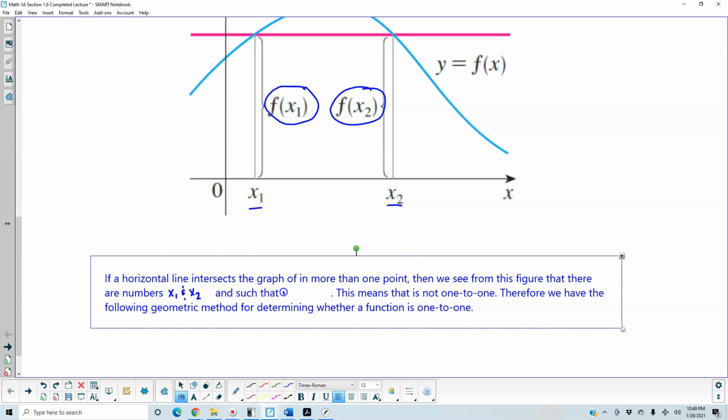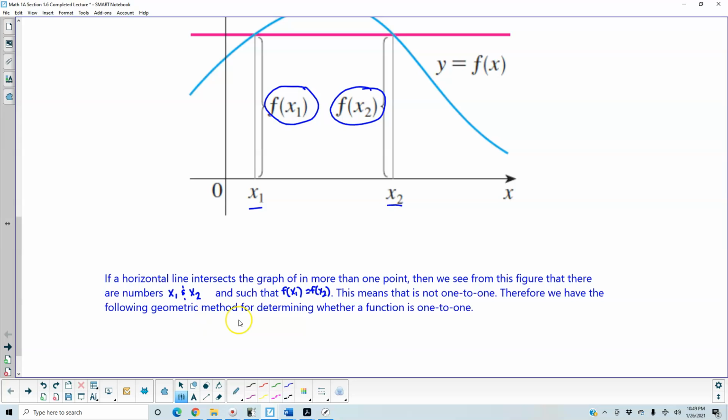So if they are equal to each other, then we have f of x1 equals f of x2. Whenever we have this scenario, this means that it is not one-to-one. Therefore, we have the following geometric method for determining whether a function is one-to-one.